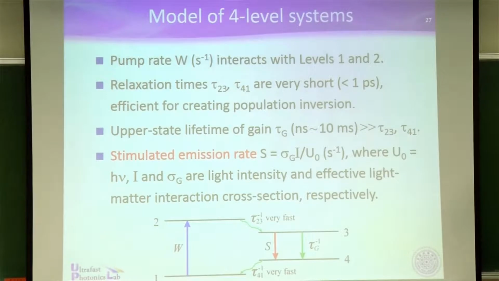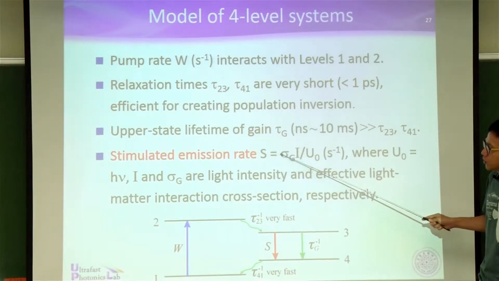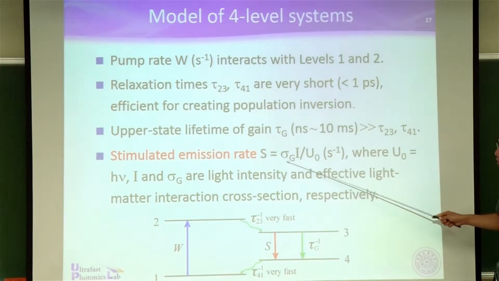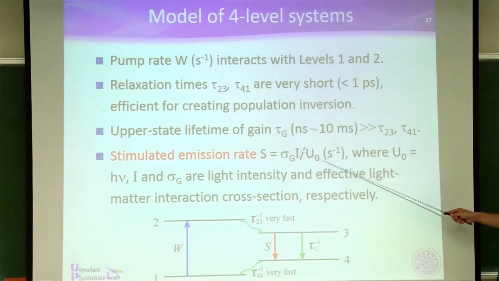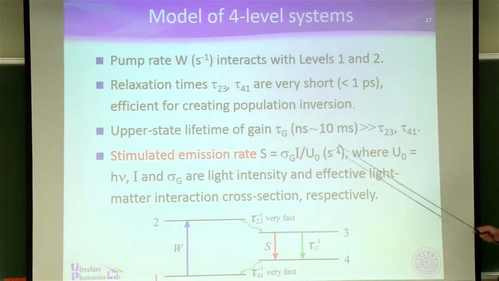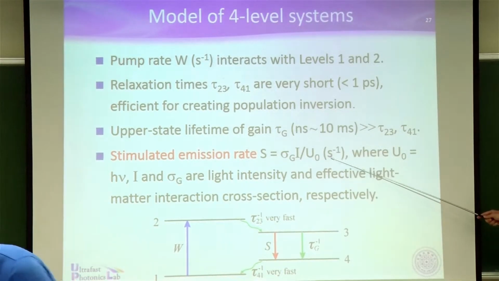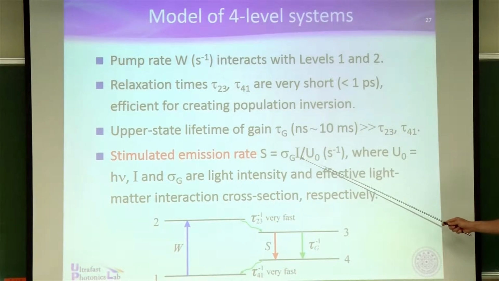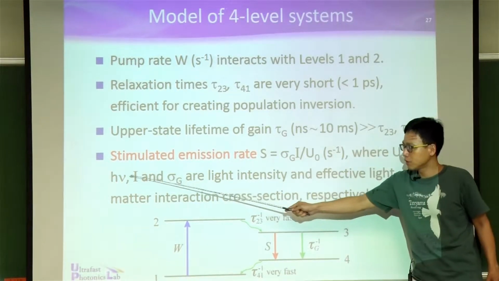Finally, we have to define the stimulated emission rate S, which is shown here: sigma g times I over U0. The physical unit is 1/second. But what are the three symbols? What is U0? U0 is h times nu.